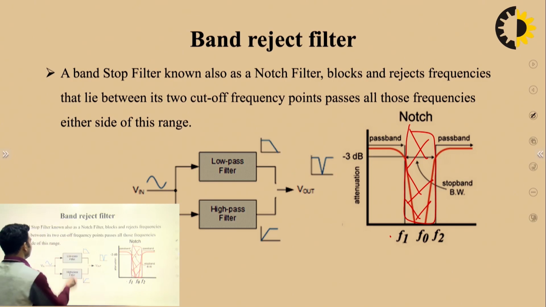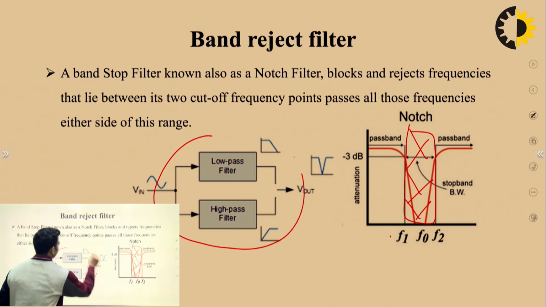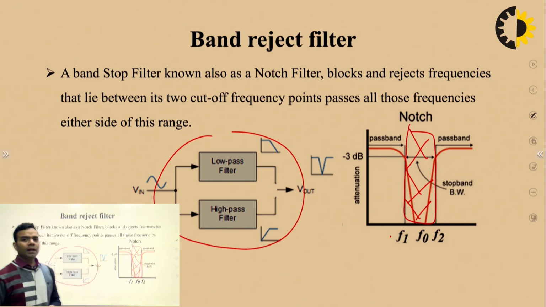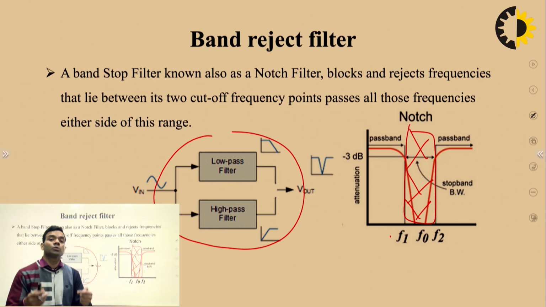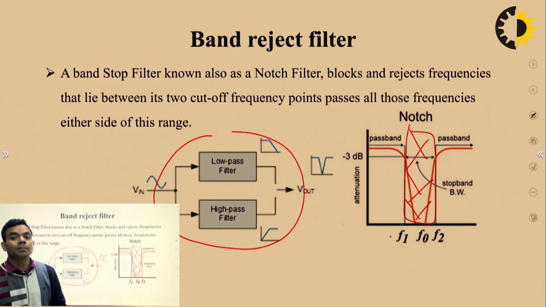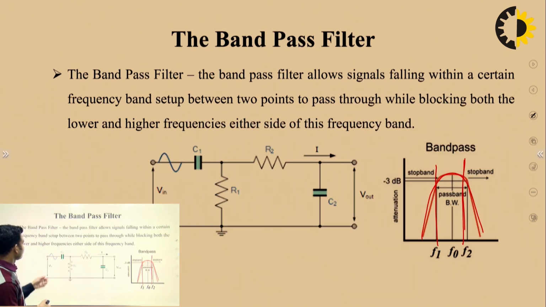You can see this diagram. Actually, a band reject filter can be designed with the help of low pass and high pass filters, but these two should be connected in parallel. If you want to design a band pass filter, then the low pass filter and high pass filter should be cascaded together.